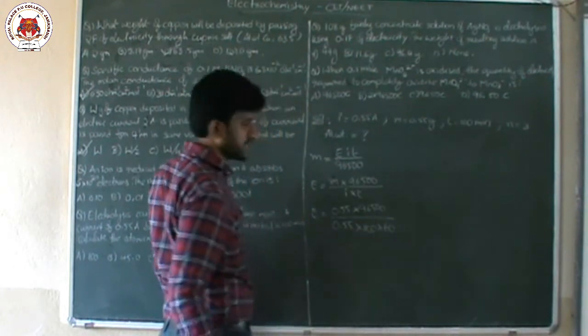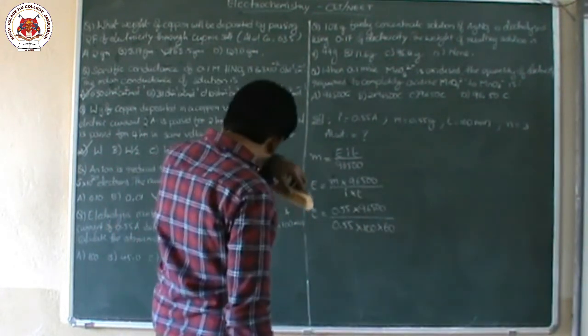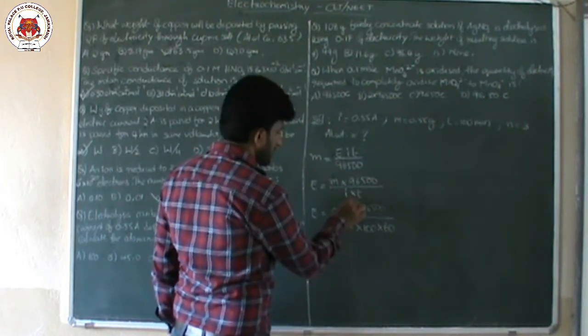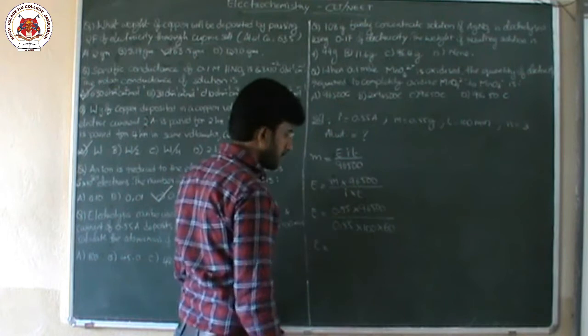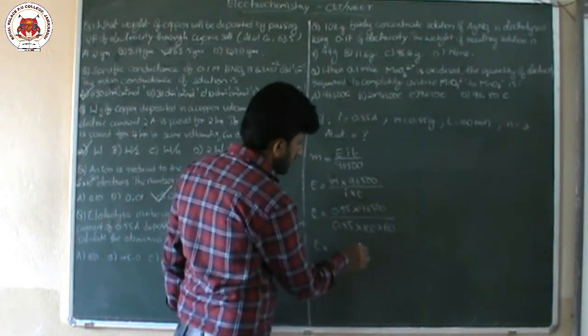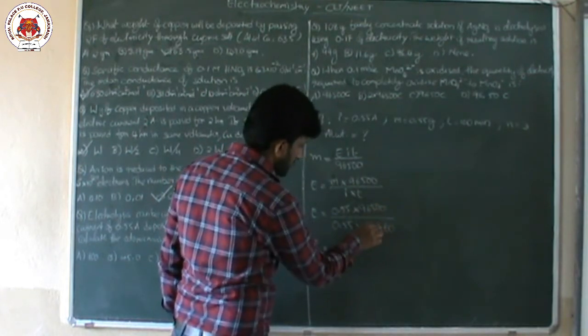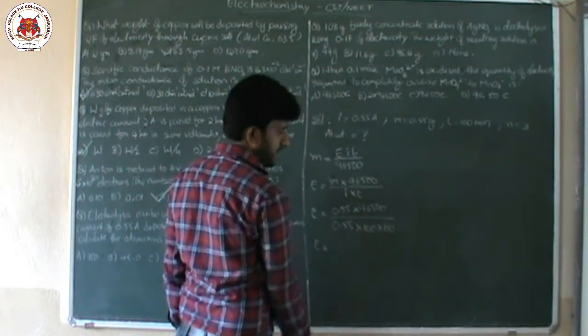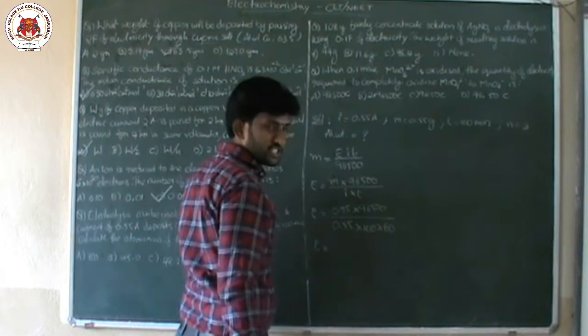Now the equivalent mass is equal to this, and this can cancel. These two zeros I am cancelling. Then it is 965 divided by 60.